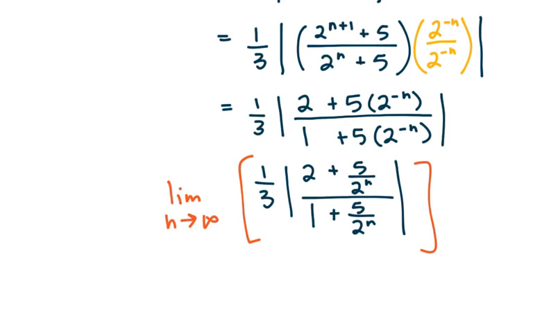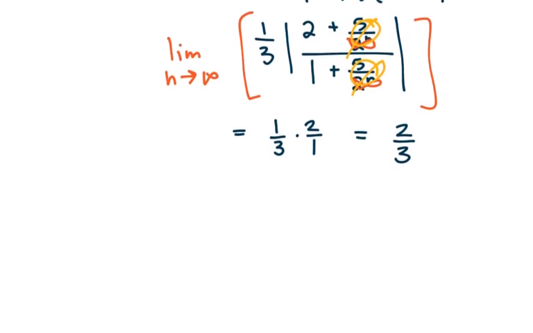Well, if I plug infinity in for my n values, 2 to infinity is essentially infinity, so I've got 5 divided by infinity. And any number divided by infinity we know is going to go to 0. So plugging infinity in and evaluating this, I end up with 1/3 times 2 over 1, which gives us 2/3.